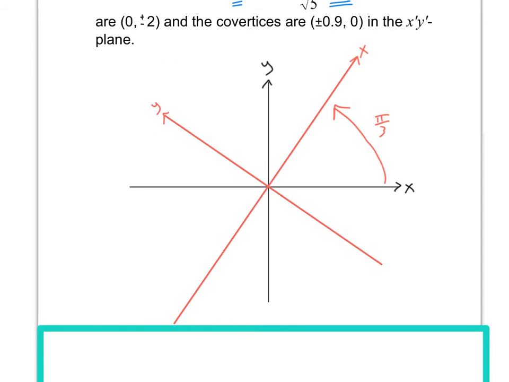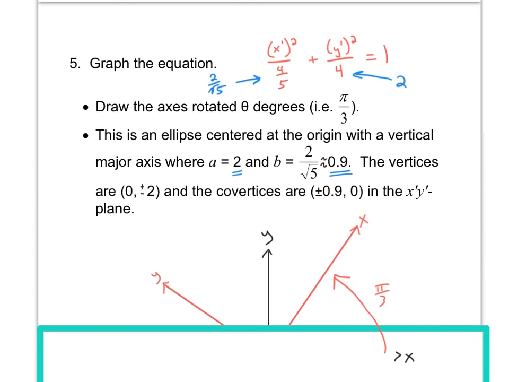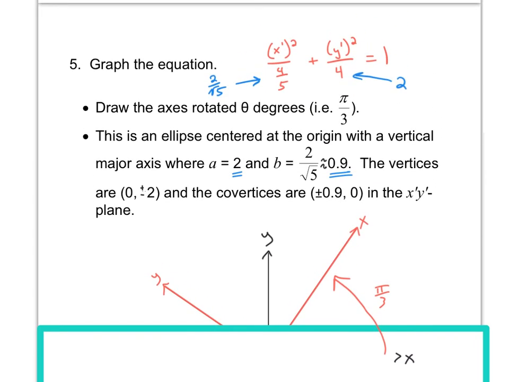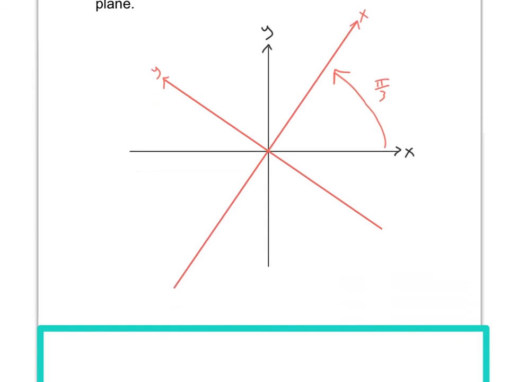Okay, so now I need to look at only the red x and y axis, and I need to graph my equation. So going back here, it's centered at the origin. I can tell that from this. In the x direction, I need to go 0.9. In the y direction, I need to go 2. So I'm going to mark off my values on my red axis. I can also mark those off on my x-axis and my y-axis like this.